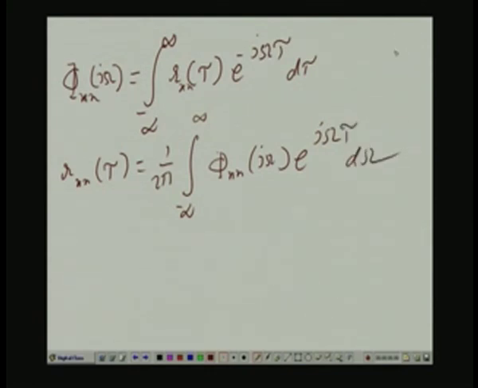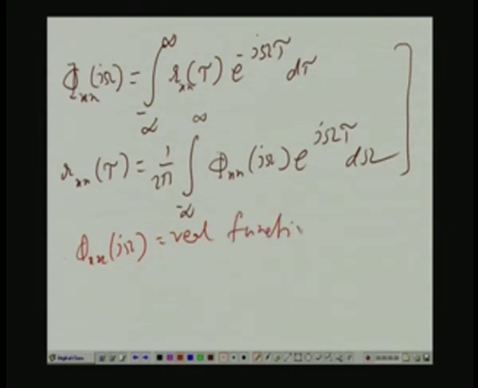Now, consider this power spectral density function. My first claim is that, even though r x x tau could be complex and this is a complex integral because there is a j factor here, phi x x j omega is a real function. Number 1, phi x x j omega is a real valued function actually.